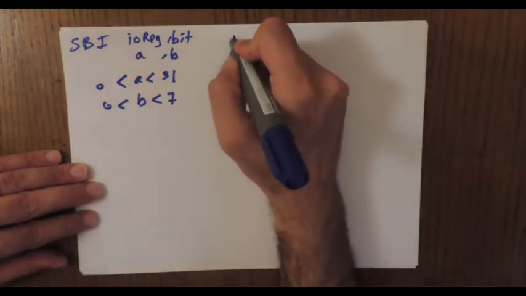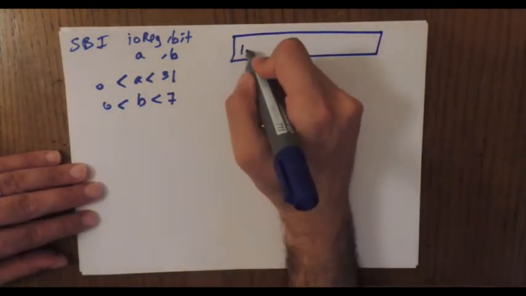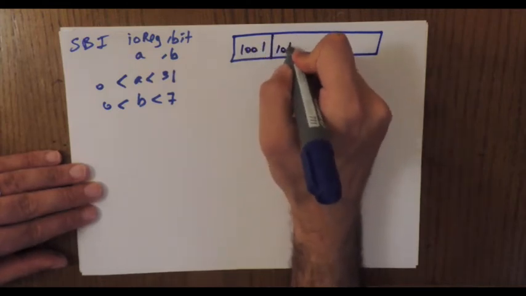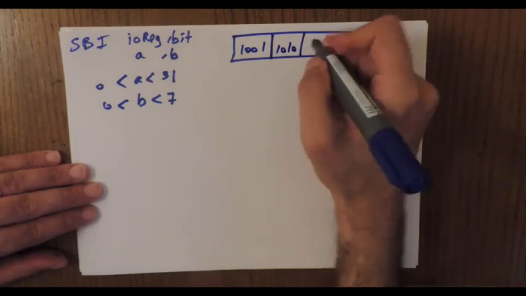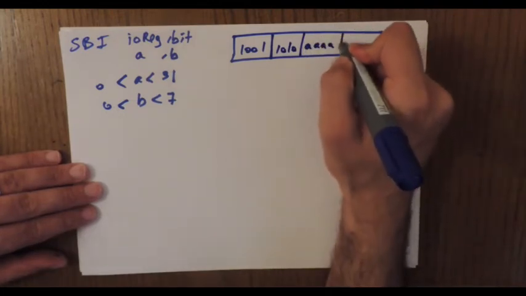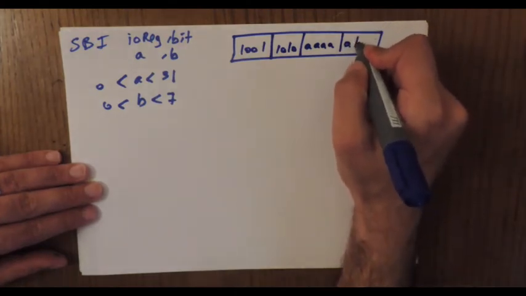So if I look at its binary representation, 1001 is the opcode along with 1010, and then we have 2, 3, 4 A's, and we have 3 B's.